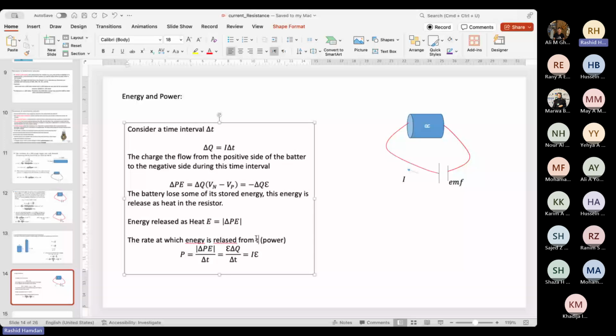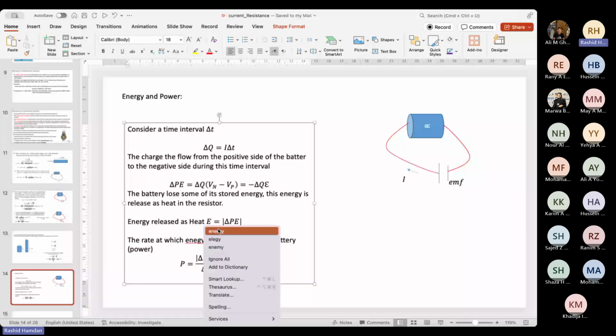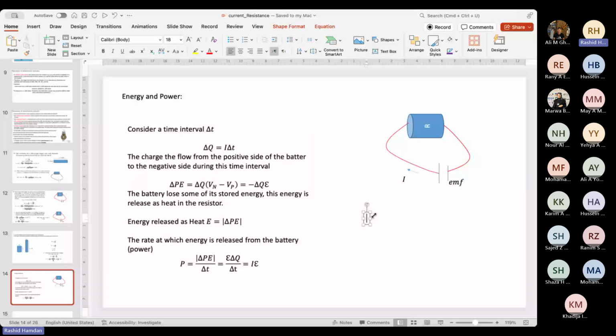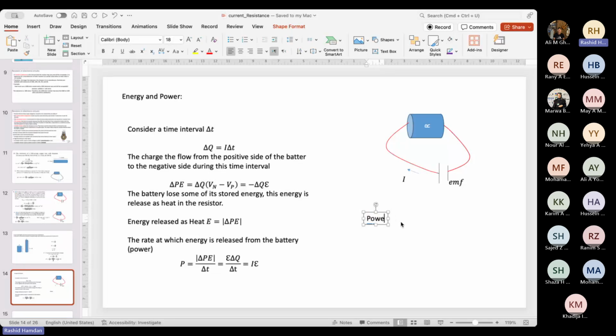Now we can apply this same thing for the resistor. So for a resistor, now I don't want to use E, I want to use delta V. So I can say the power, or rate at which heat is released in the resistor.